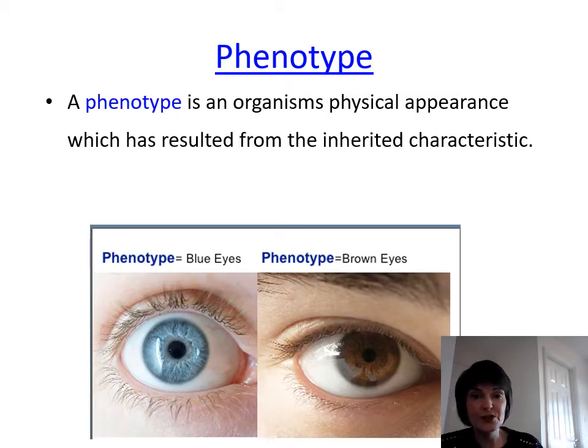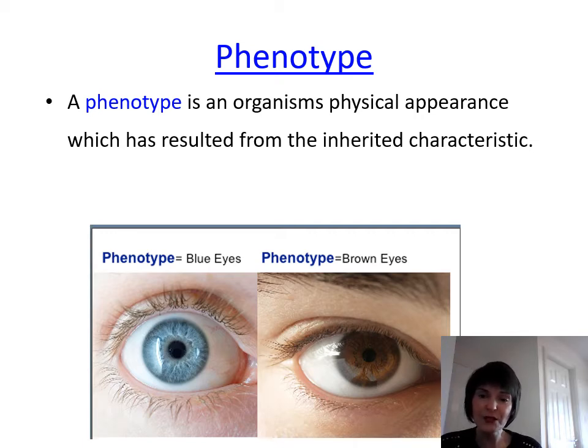So a phenotype, remember what I said in the table, is an organism's physical appearance, which has resulted from the inherited characteristic. If you look at these two eyes, you can see they are distinctly different because they are a different colour.